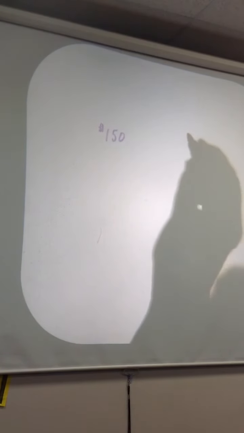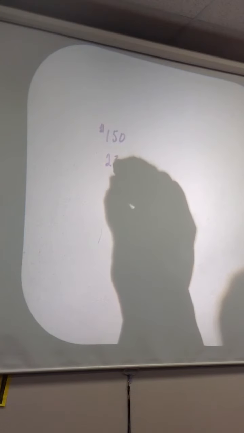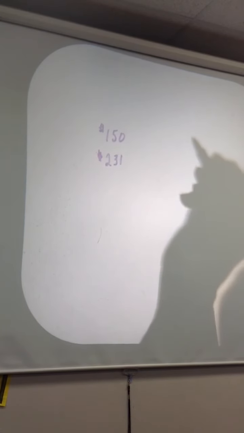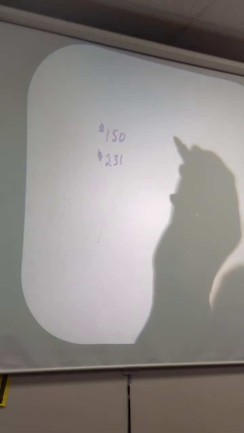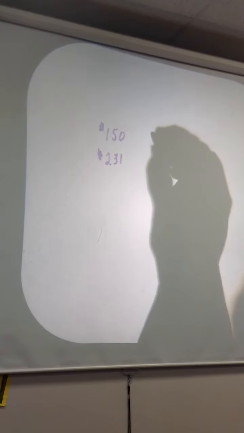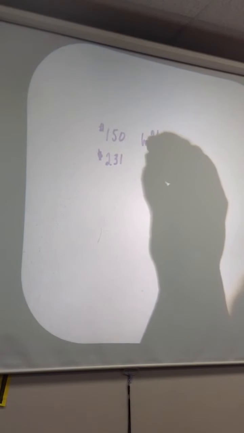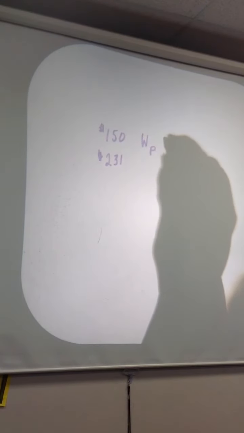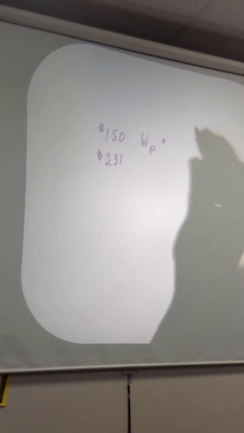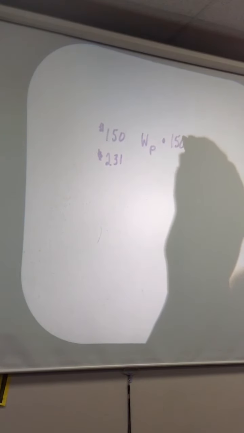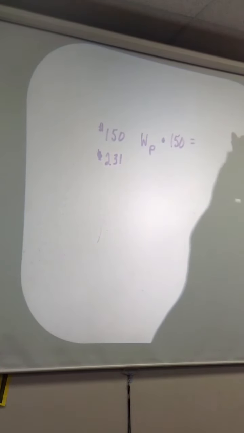This month's phone bill is $231. What percent of last month's bill? Now that tells us what order to put these in. What percent of last month's bill, so the $150, is this month's bill?